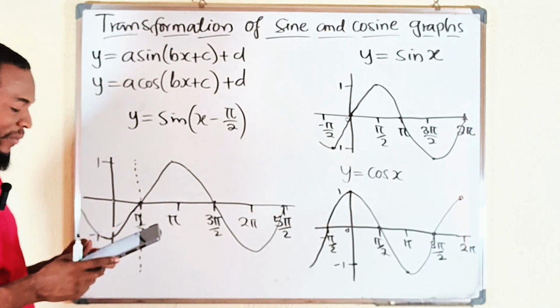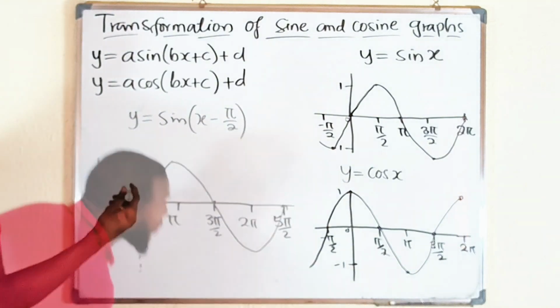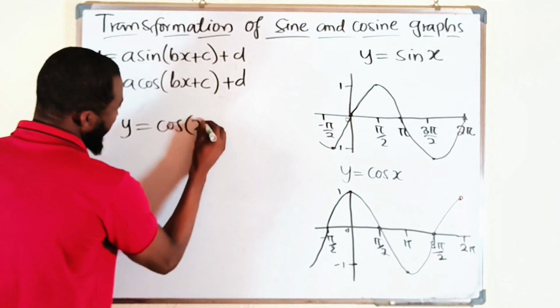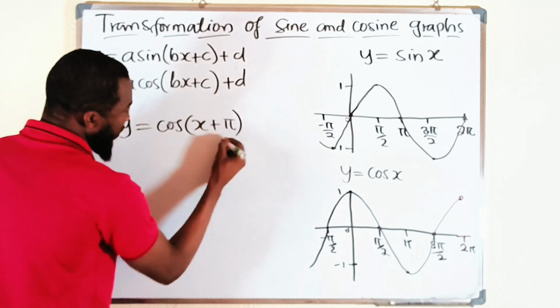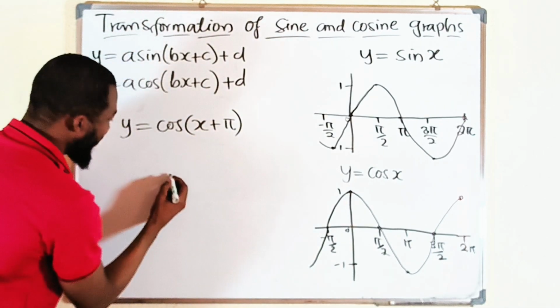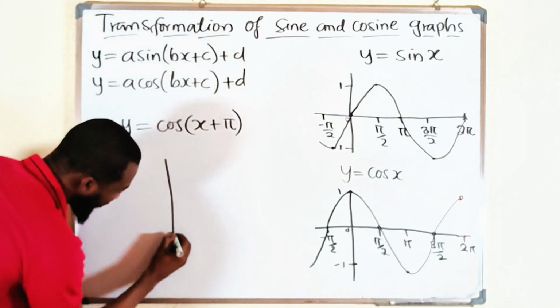We have cosine of x plus pi. You see that this is going to shift the graph pi units to the left. So let me give a space to the left since I know it is going to be shifted.